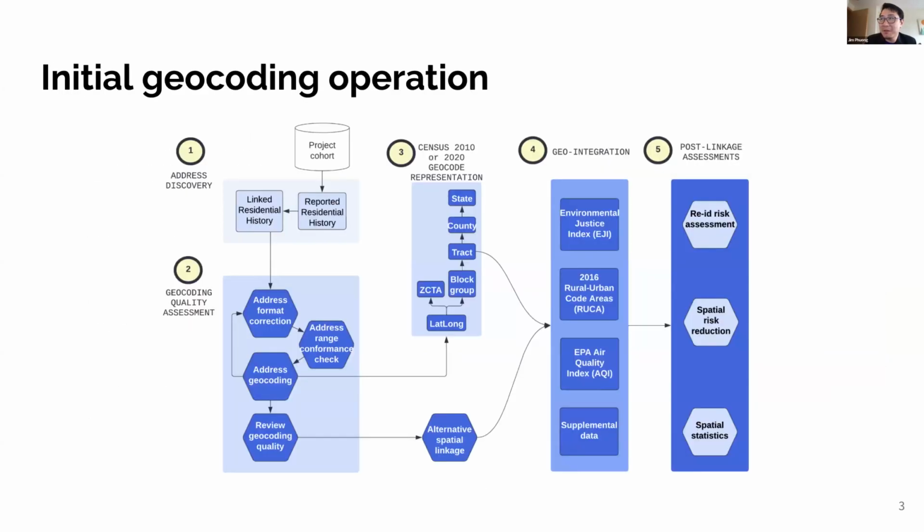In response to yours, my initial geocoding operation is usually right around this depth level, which is where HIPAA establishes you can't have any identifiers smaller than county. So zip code and census tract are both potential re-identification risks and are considered sub-county.